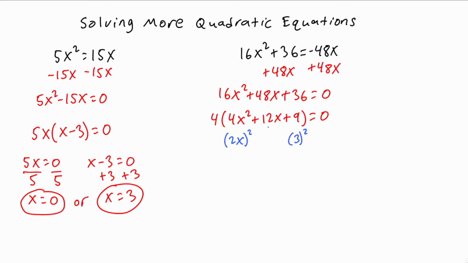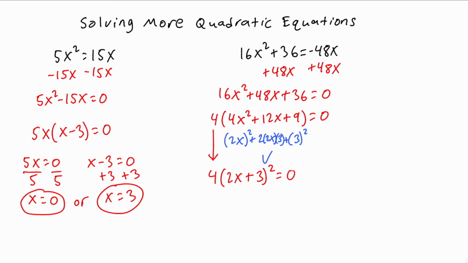So then 12x should be 2 times 2x times 3. Two times 2x is 4x, times 3 is 12x. That works. Check mark. So we can just write this as the 4 goes on the outside, because we're just dropping it down, and then 2x plus 3 all squared equals 0.